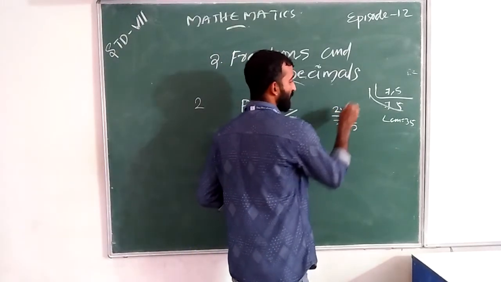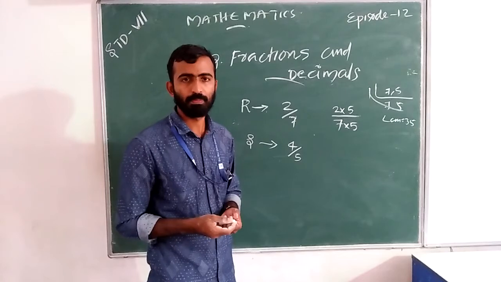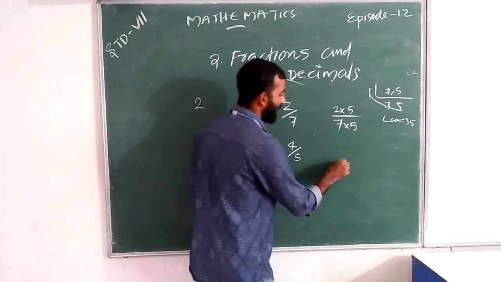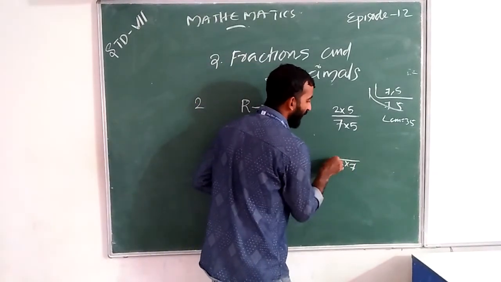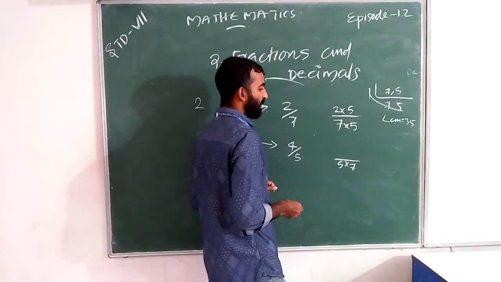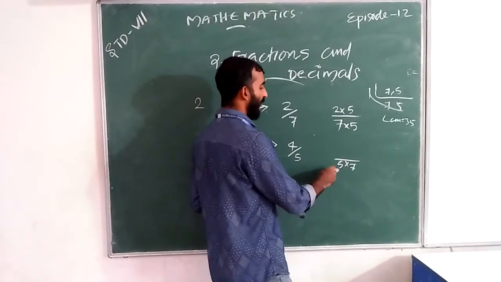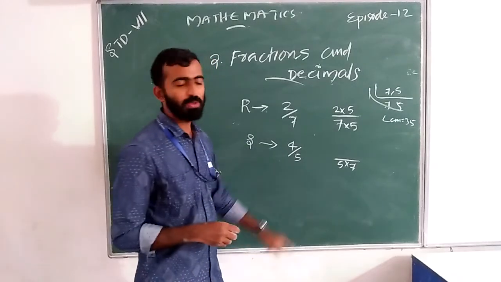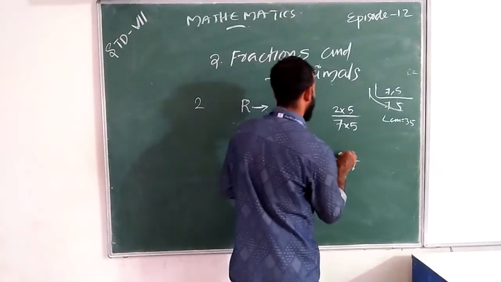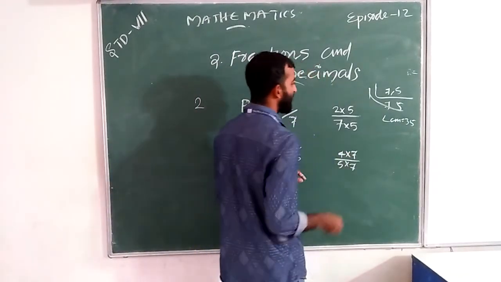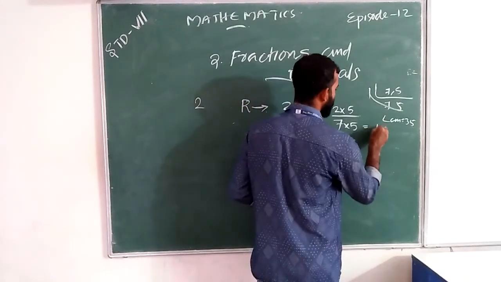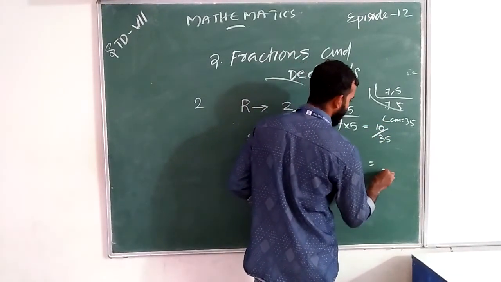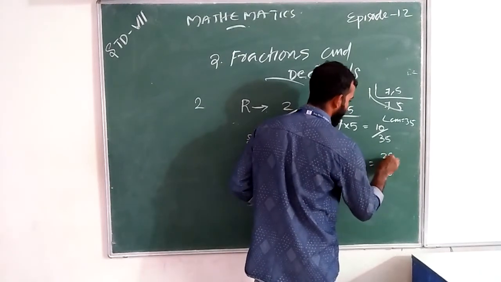The same process is followed on the numerator. And here we convert 5 into 35, that is 5 into 7, we get 35. So the same process is followed. That is, here we get 10 by 35 and here 28 by 35.